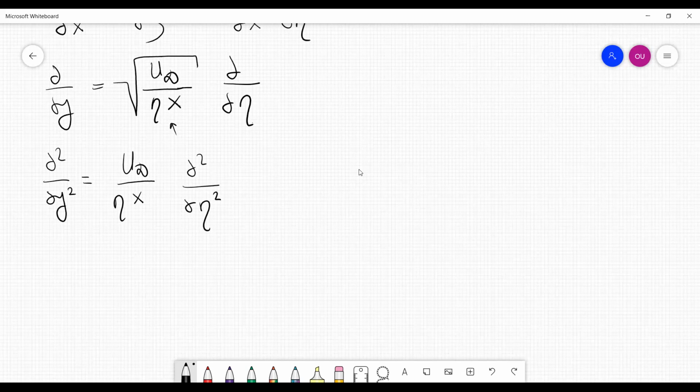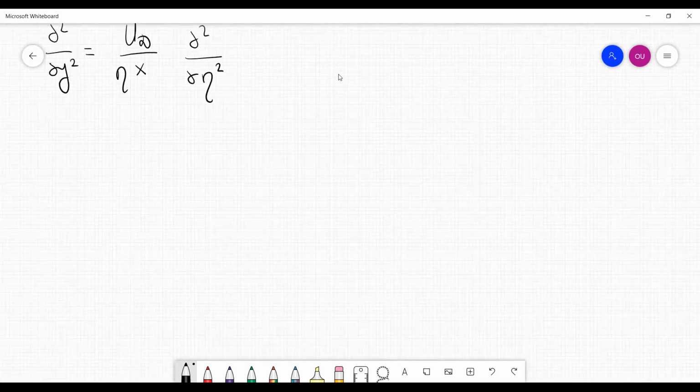We obtained the corresponding derivatives with respect to dx, dy, and d square dy square, written in terms of d eta, d square d eta square, and d psi. So let's keep this in mind. We will substitute these in the equations.